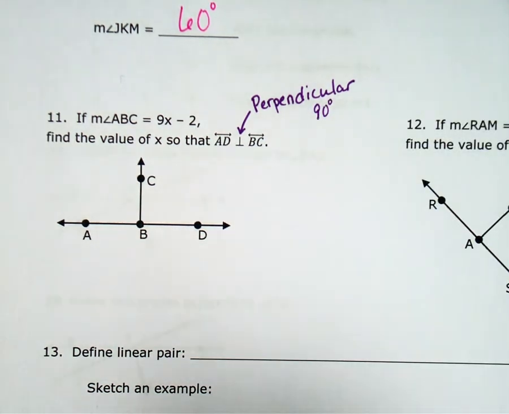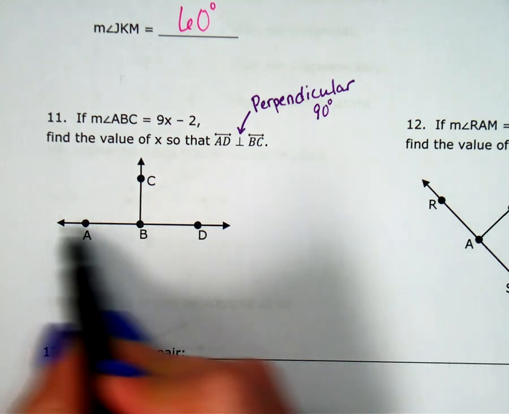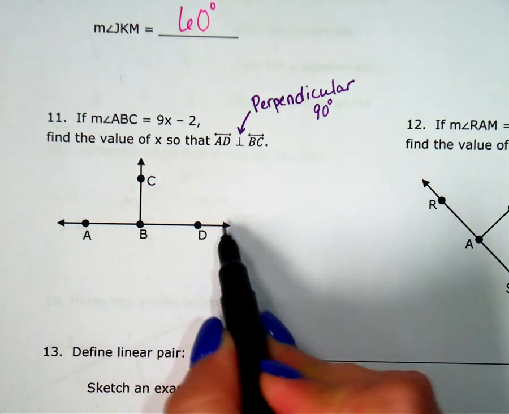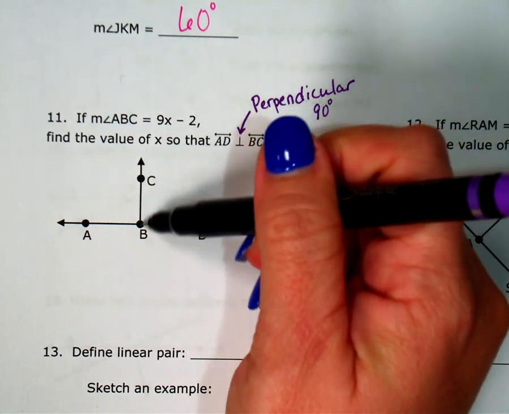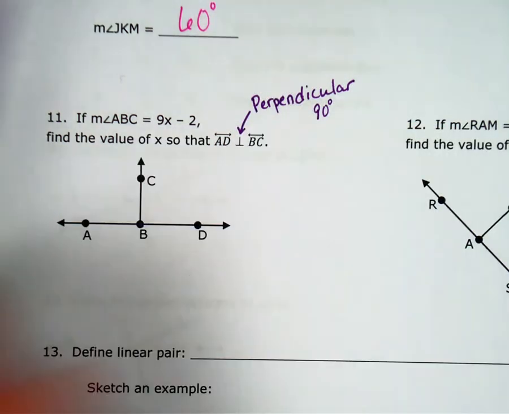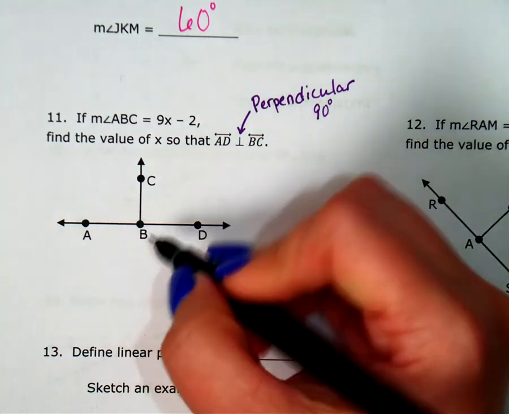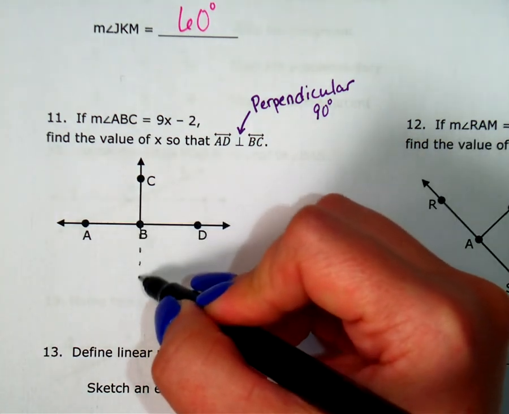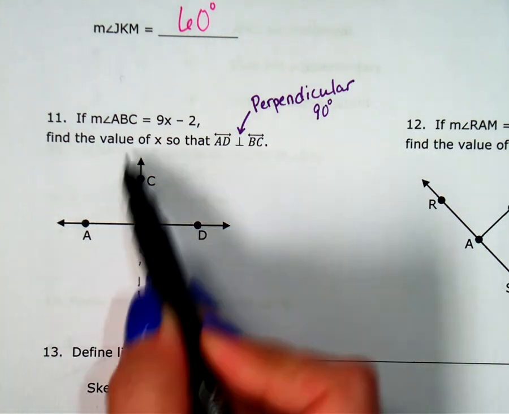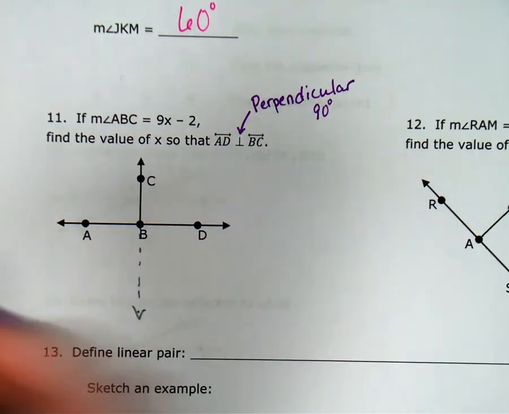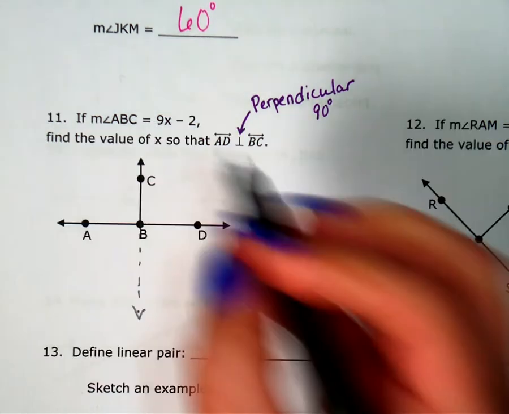So if I want AD, the line that goes through AD, to be perpendicular to the line that goes through BC. So even though I don't see a line there, I only see a ray there, remember, they can be invisible, so I really do have line BC. So I want these two lines to intersect at a 90-degree angle.